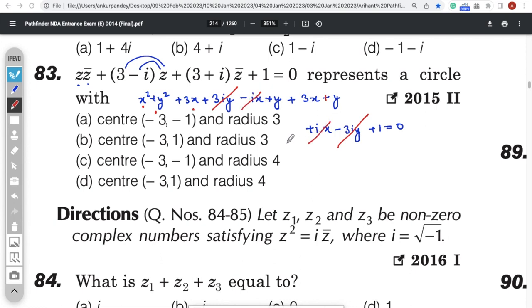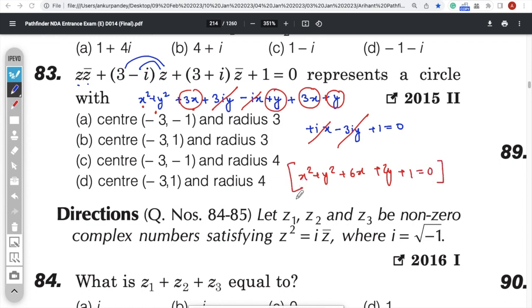So you have x square plus y square plus 6x plus 2y plus 1 equal to 0. This is the equation of a circle. x square and y square both are visible, both have the same coefficient and both are positive. Clear?